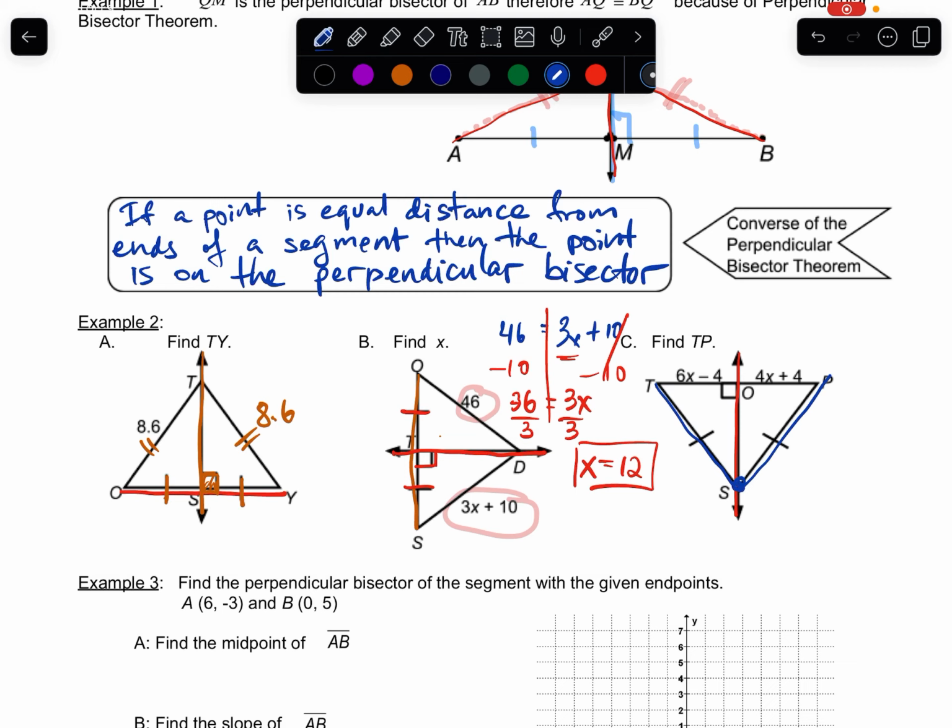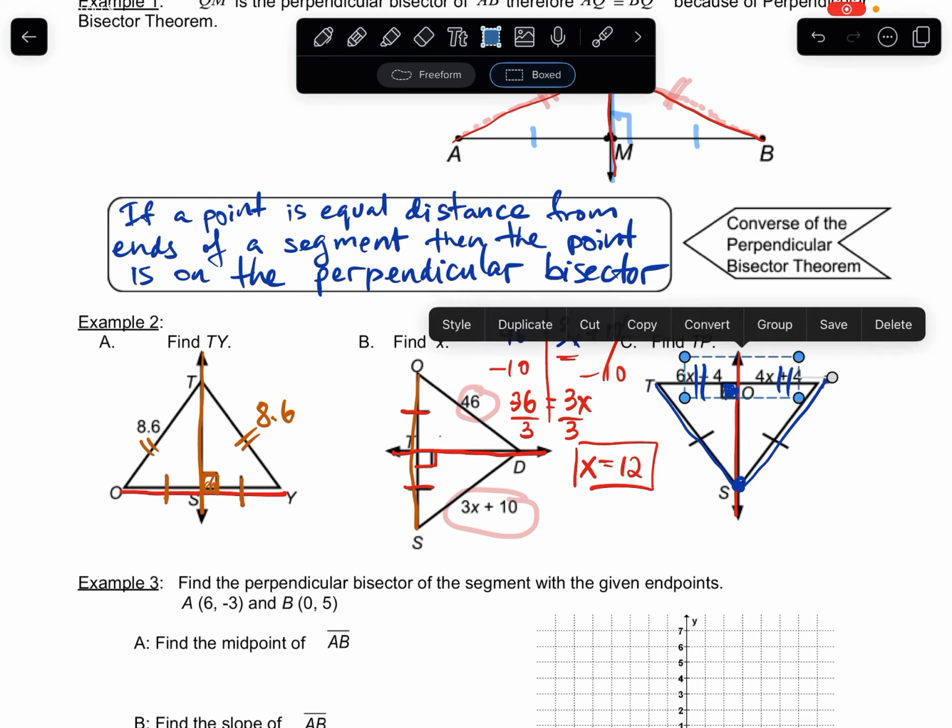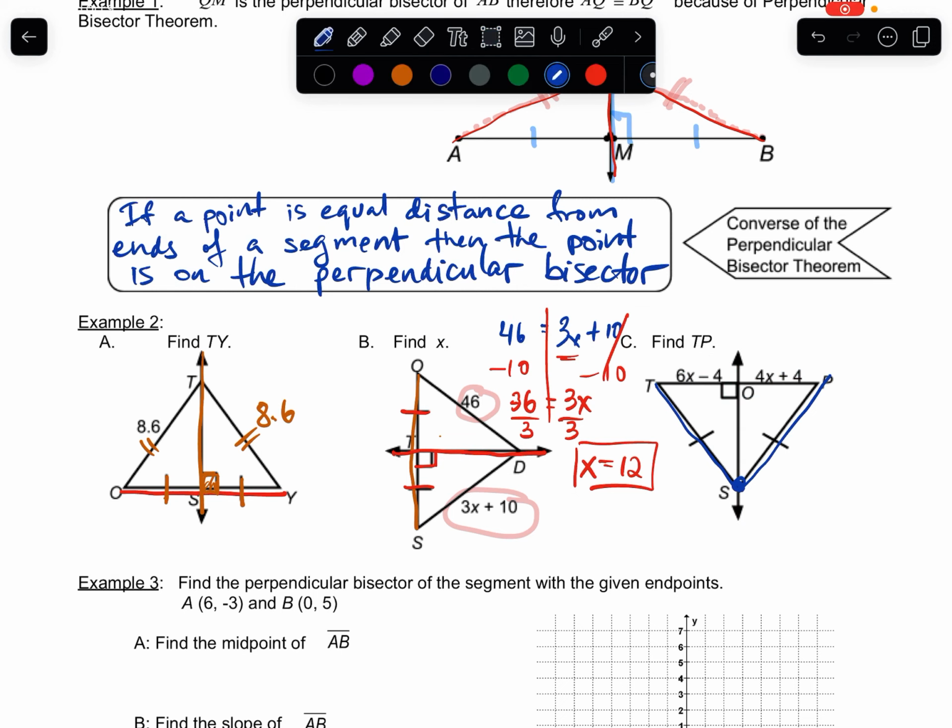That means this point right here, at S, is equidistant to T and to P. That means that this point S must be on a perpendicular bisector, which means then that TO right here and OP must be congruent, because again, this is a perpendicular bisector that cuts TP in half. So let me clear this up so you can see it better.